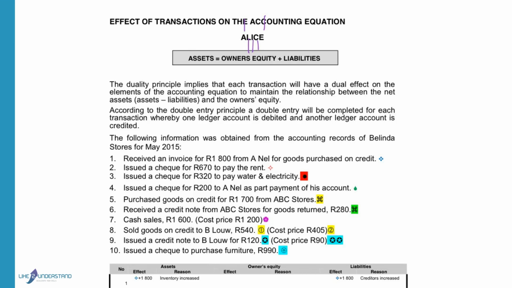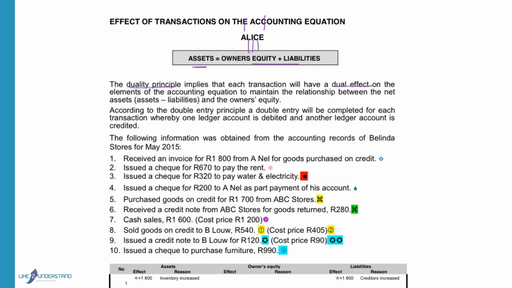The duality principle implies that each transaction must have a dual effect on the elements of the accounting equation, so that the relationship will always be equal after every transaction. So if we record something on the left-hand side of the equation, we must record something equal on the right-hand side of the equation.